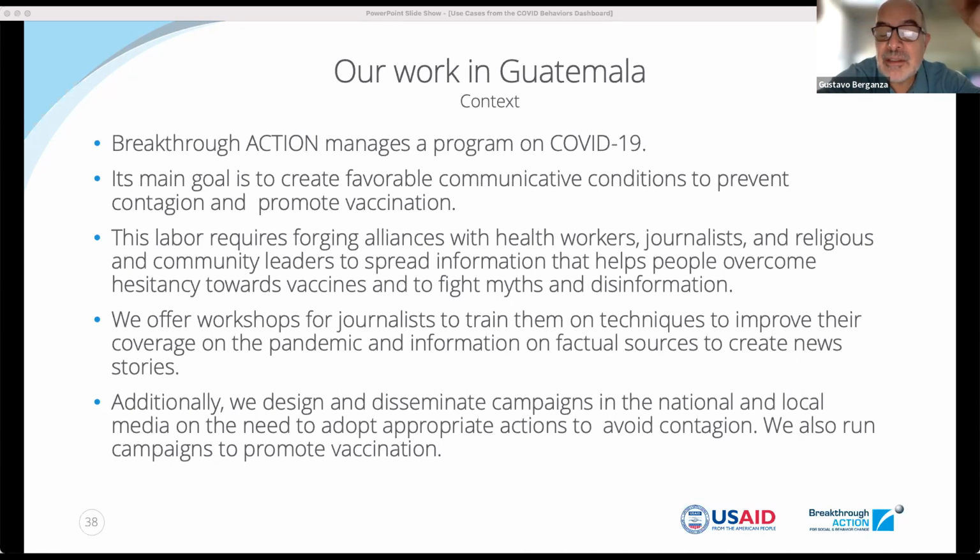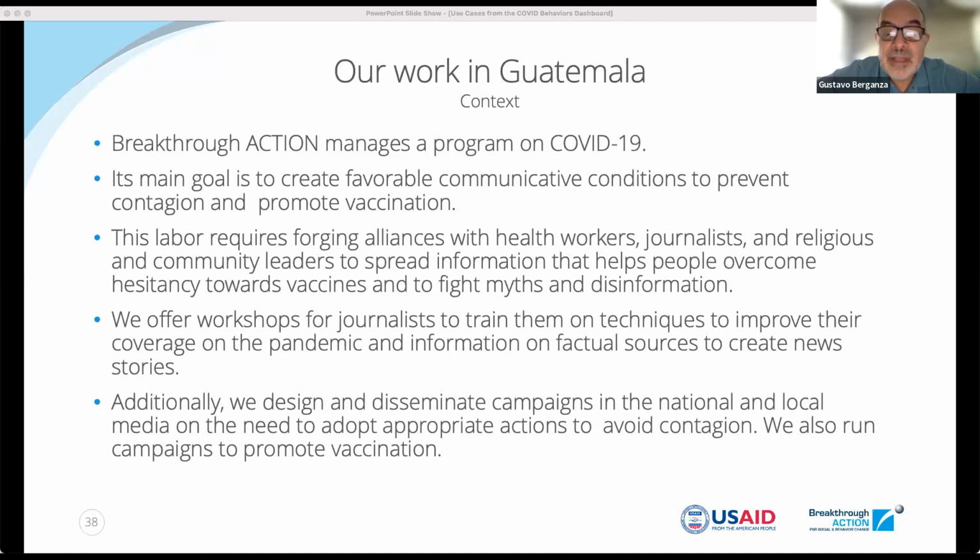That was last year, and this year, when vaccines arrived, we began to promote the necessity of vaccination as the only way to reduce the risk of serious illness and also death.